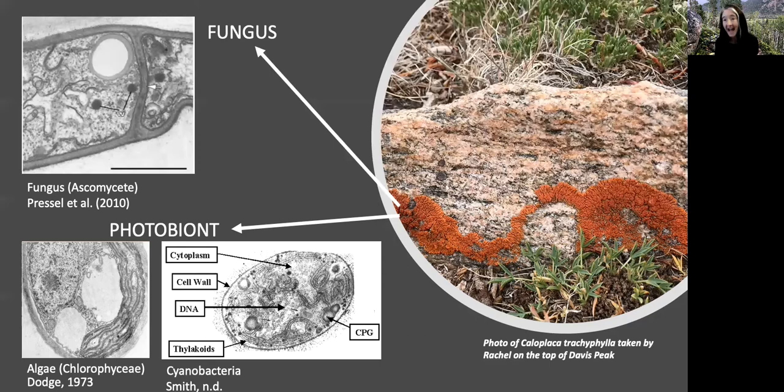So photobiont means that these are where the photosynthesis is taking place, that these are primary producer cells. They make food. They are synthesizers of food. So you can see why if you were a fungus, you would want to be in a relationship with a photobiont.